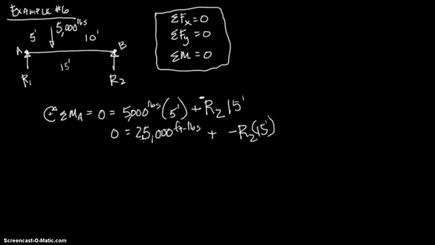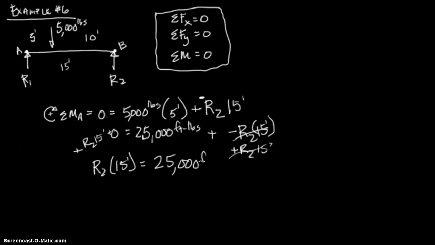All right, now you want to move this. Actually, I'd move this to the opposite side. Since this is already positive, might as well take this, since it's negative, and add R2 times 15 foot to it. If you do it to this side, algebra, you have to do it to this side, plus R2 times 15 foot. So you have R2 times 15 foot. Now it's positive since we moved it over here. These cancel out, of course. Equals 25,000 foot-pounds.